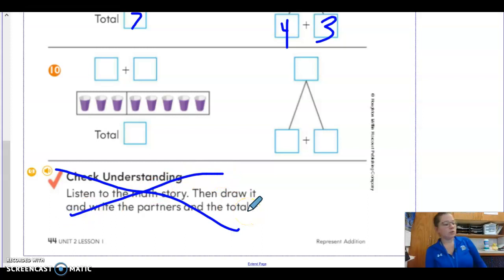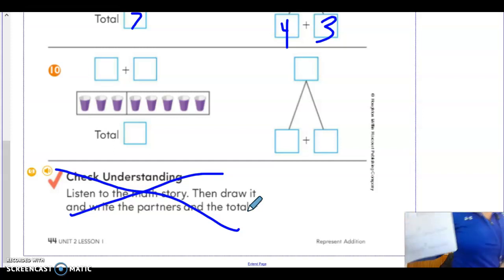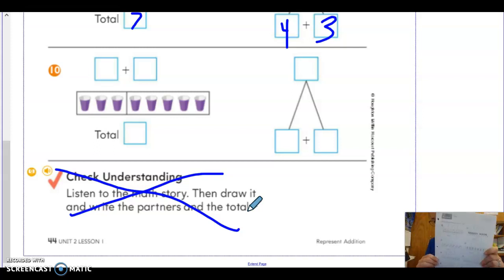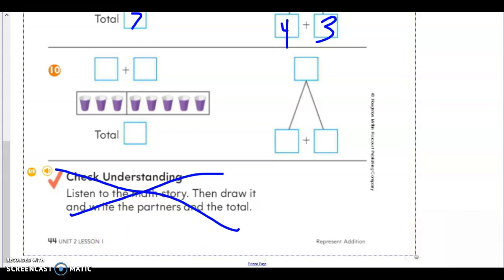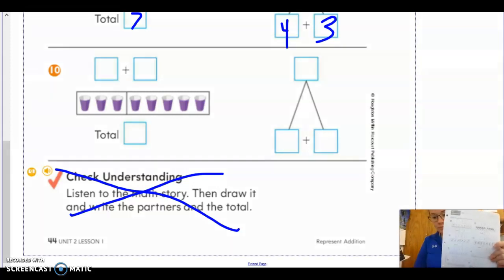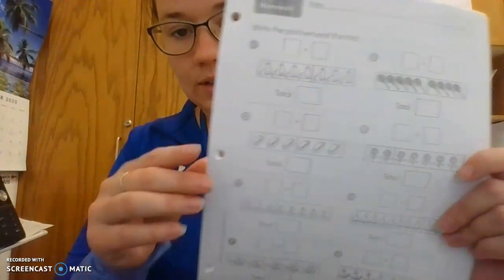All right, what I need from you, please grab your math packet that looks like this. Okay, it shows the pictures. Okay, just like this.